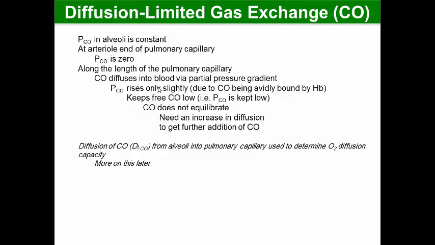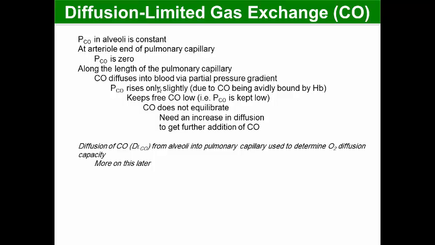But the partial pressure of carbon monoxide rises only very slightly. Why? Because carbon monoxide binds very strongly to hemoglobin. So its partial pressure in the plasma doesn't rise much. It rises only very slightly. So even by the end of the pulmonary capillary, the partial pressure of carbon monoxide would not have reached the partial pressure of carbon monoxide in the alveolar air.